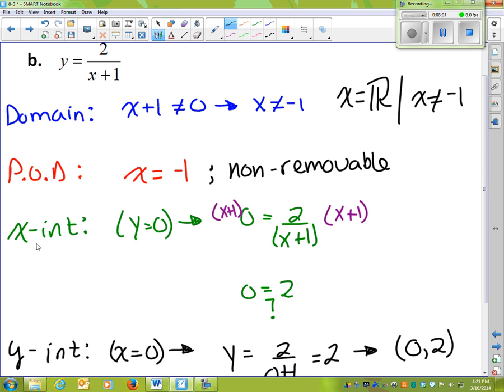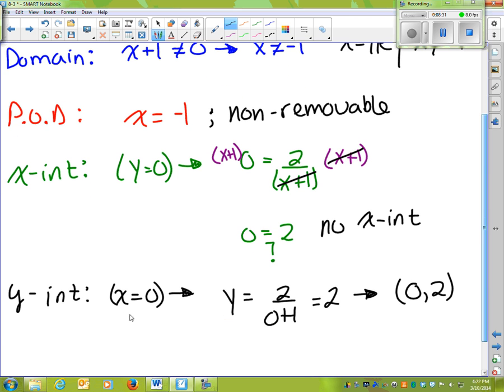As I solved for the x-intercept, I put 0 in for y. To get rid of my denominator, I could multiply by the entire binomial, which canceled them out. As long as I multiplied both sides by x plus 1, I'm okay. 0 times anything is 0. 0 does not equal 2. That doesn't make sense, which means there is no x-intercept.